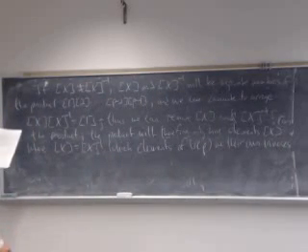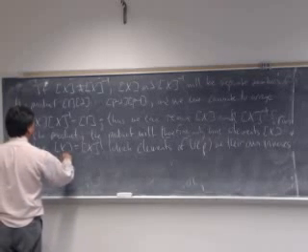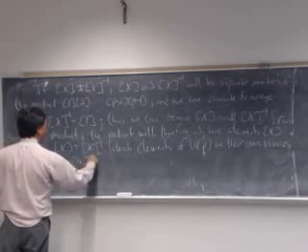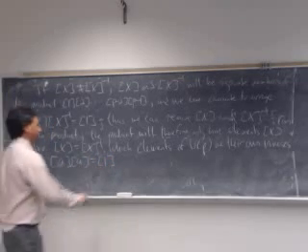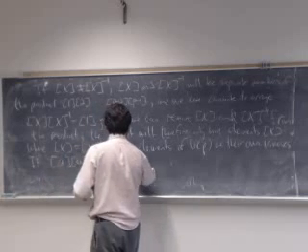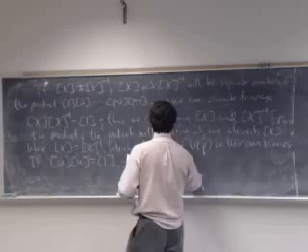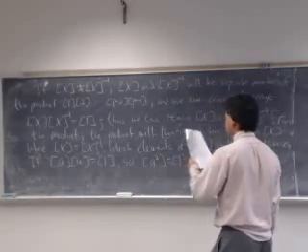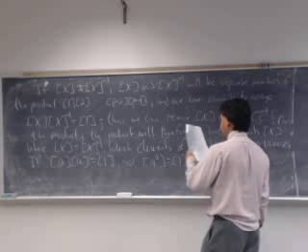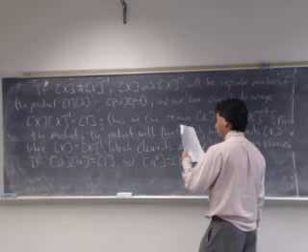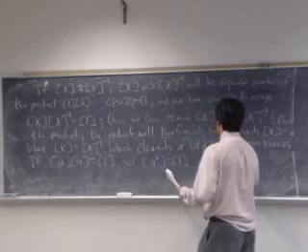Well, what do we need? If an element is its own inverse, that means A times A is the identity, 1. So that would give us A squared equals 1. So let's work with this mod notation.